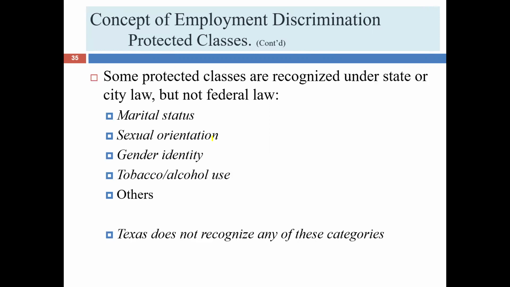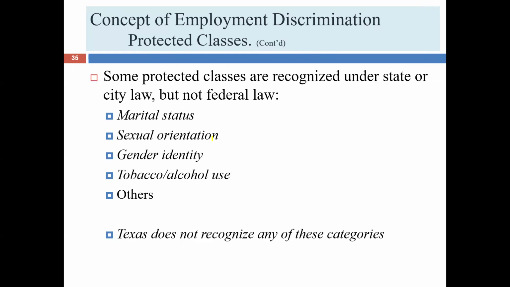And as I say, currently under federal law, that's not a protected category. Although the EEOC maintains that both sexual orientation and gender identity discrimination are covered by Title VII under the term gender. So again, there's a little bit of fluidity here, but for the purposes of this class at this time, you should assume that sexual orientation and gender identity are not covered by Title VII.